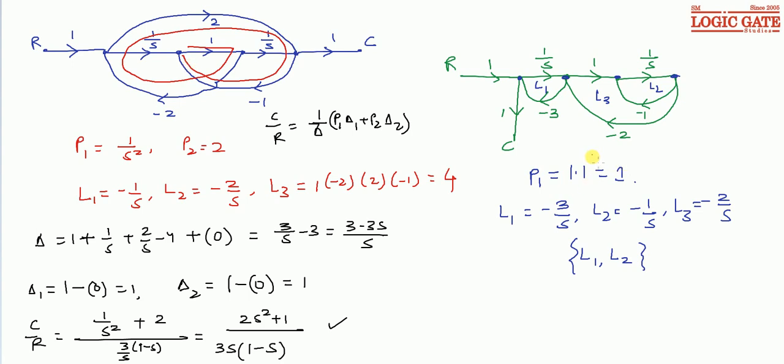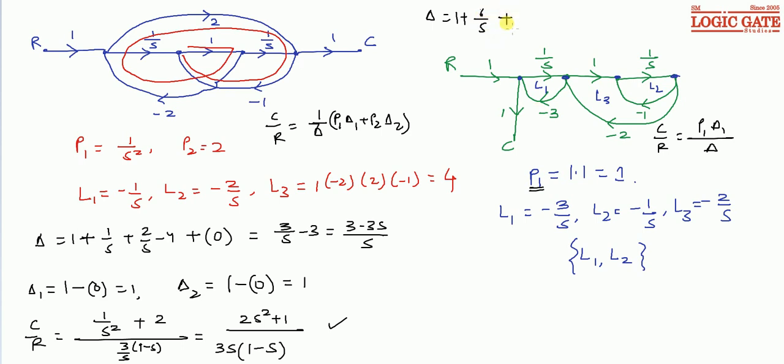Now let's come to the next question. Here we have just one forward path, so C by R will be P1 del 1 divided by del. So let's find del first. So del is 1 minus sum of gains of all individual loops. So all loop gains are negative, so minus minus plus. This will be 3 by s plus 1 by s plus 2 by s. So effectively it is 6 by s.